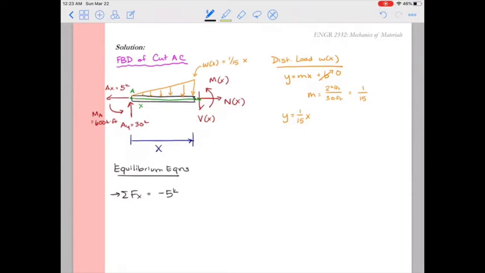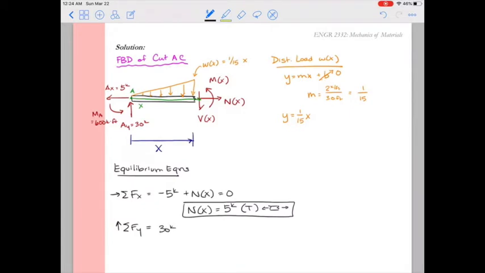And then the only thing acting in the x direction is my positive N of x force. And so this basically just tells me N of x is 5 kips. Positive 5 kips, which means it's acting in tension. And again, I can draw my little element in tension. And so basically at all points from 0 up to 20.2, or all points on interval AC, my axial force is 5 kips tension.